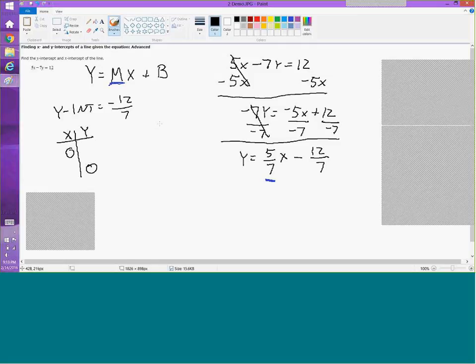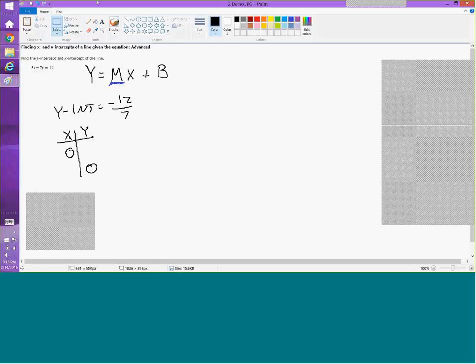So if we have 5x minus 7y equals 12 and x equals 0, we plug it in. 5 times 0 is 0, of course, anything times 0 is 0, so that just leaves me at negative 7y equals 12.